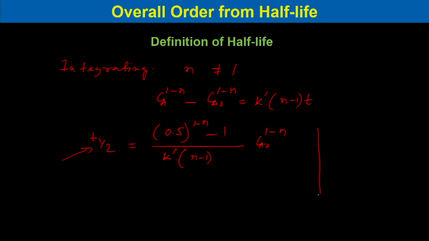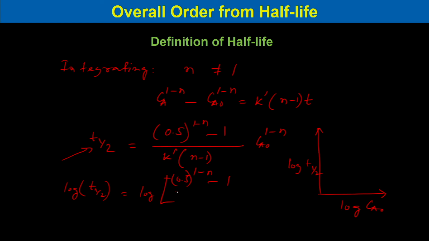Now, if we plot log T half versus log Ca naught, so if we take log of this, we would obtain log T half would be equal to log of 0.5 to the power 1 minus n minus 1 divided by k into k dash into n minus 1 plus 1 minus n into ln Ca naught.